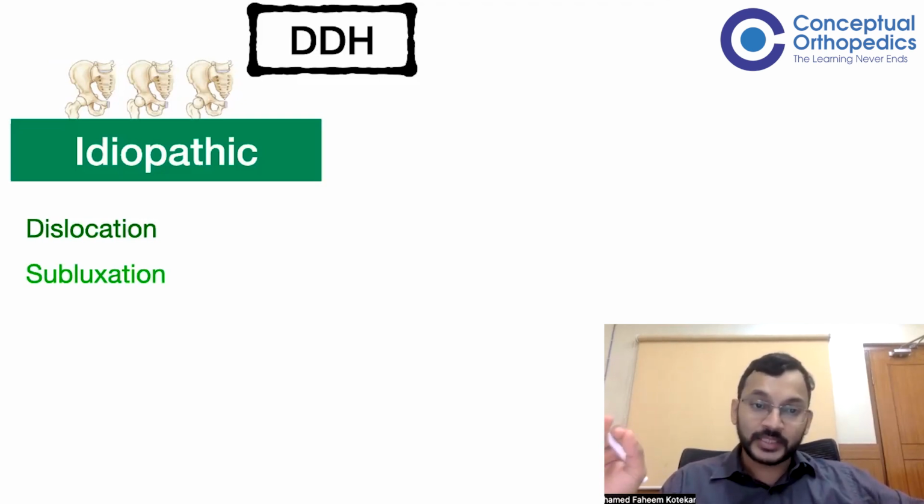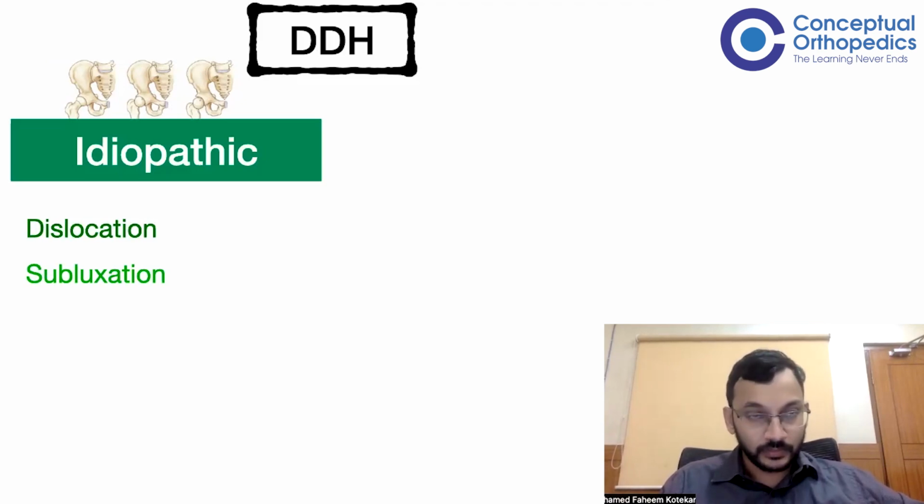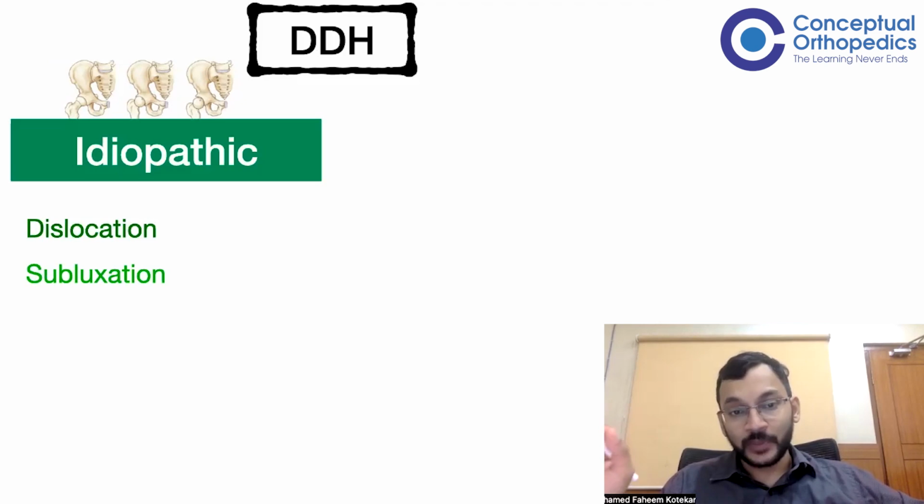Now, in a subluxation as well, there is going to be a broken Shenton's line, and the center edge angle of Wiberg is going to be decreased. So these are the things that you need to keep in mind. If you do not know what a center edge angle is, we will come to that in future slides.